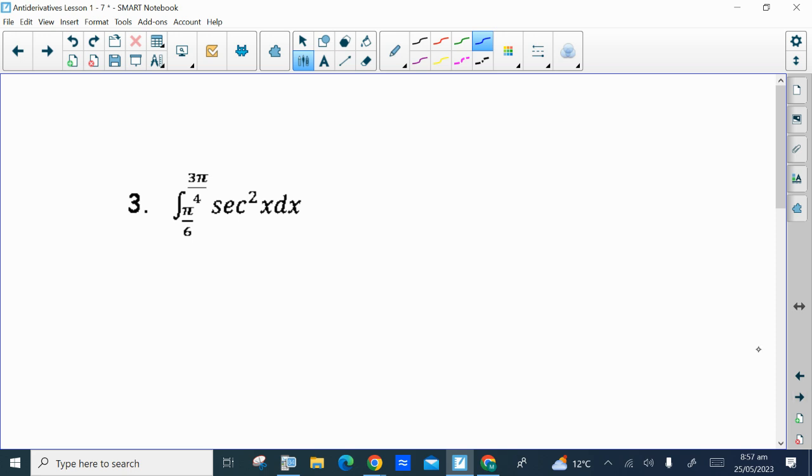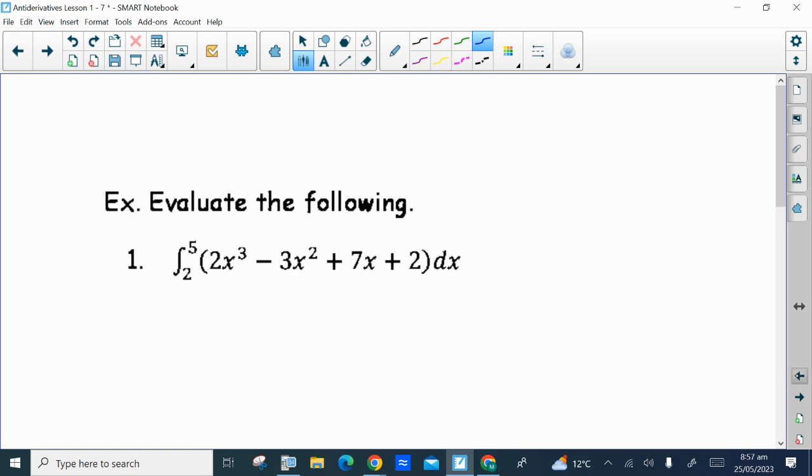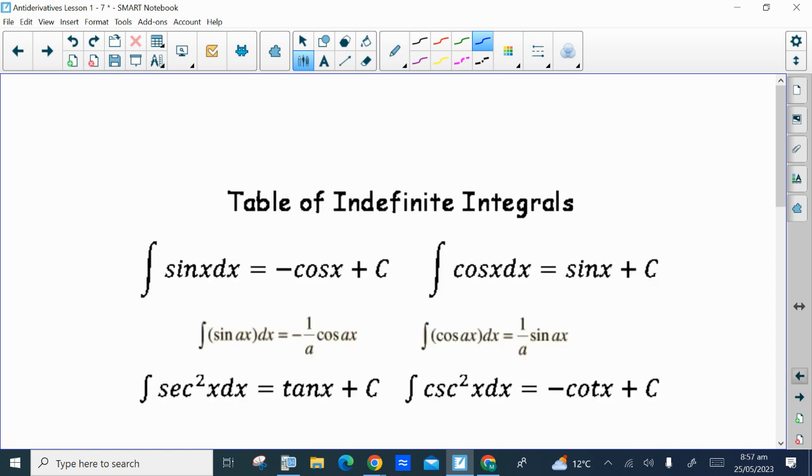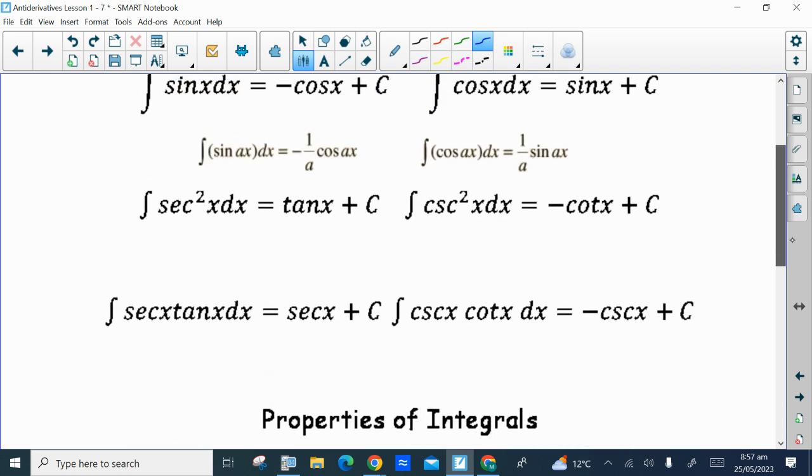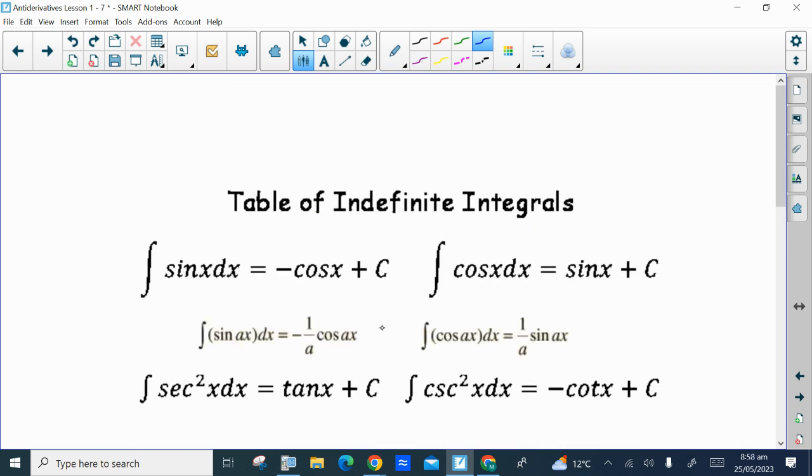All right, so for this next one, if we look back at our table of general antiderivatives, the antiderivative of sec squared x is tan x. Right there.